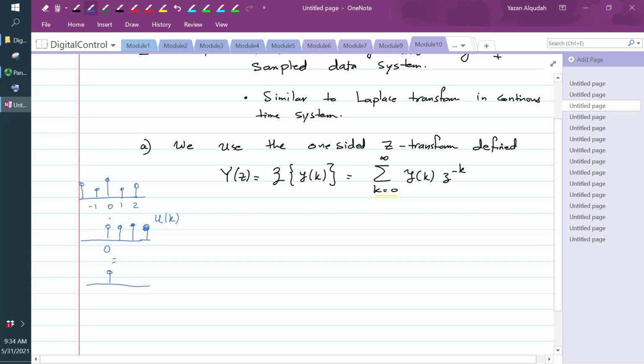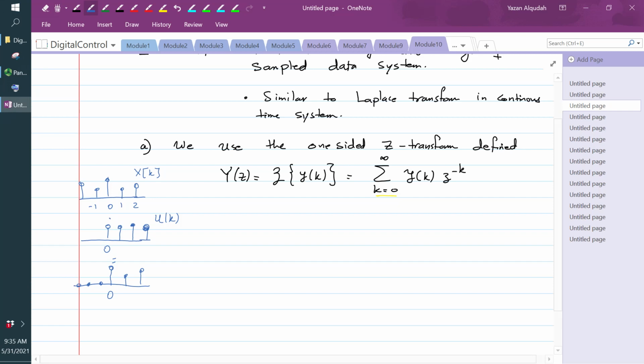If this is x of k, and I calculate the two-sided Z transform of x of k multiplied by u of k, I'm going to get the same result as the one-sided Z transform, because when I multiply it by u of k, everything that was before k equal to 0 becomes a 0, and that is equivalent as if I were to take the summation from 0.